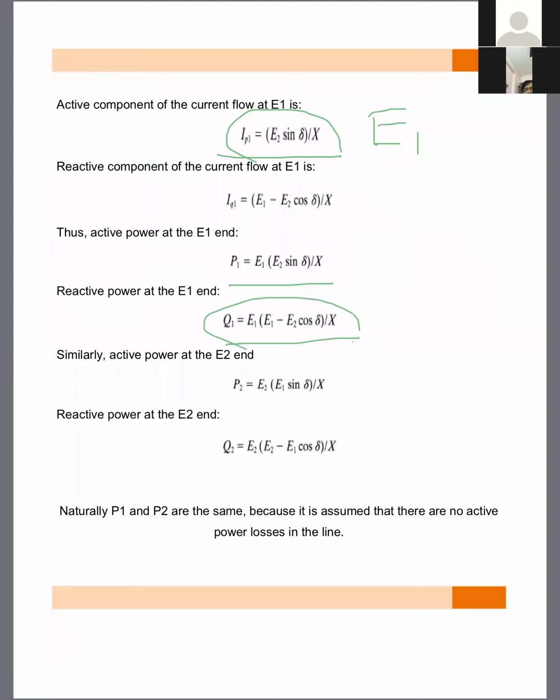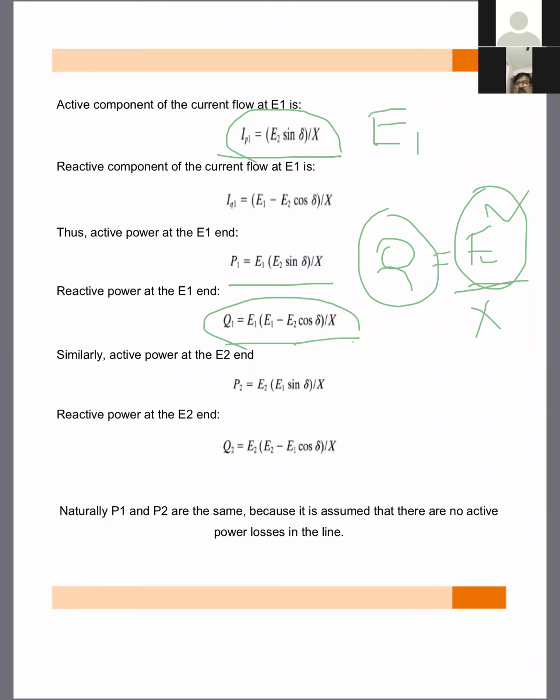In the load flows you might have studied, there you will have this reactive power. Generally, once you neglect the cos, Q will be proportional to E square by X. So the reactive power at a particular bus is directly proportional to the square of the voltage.